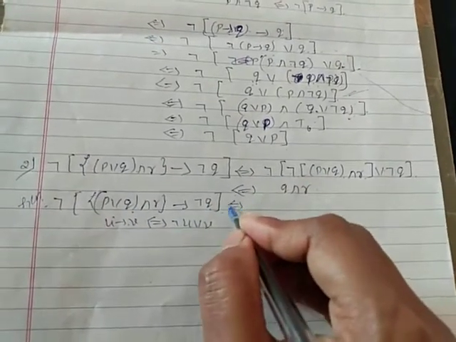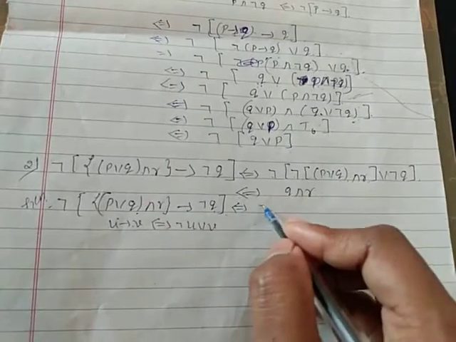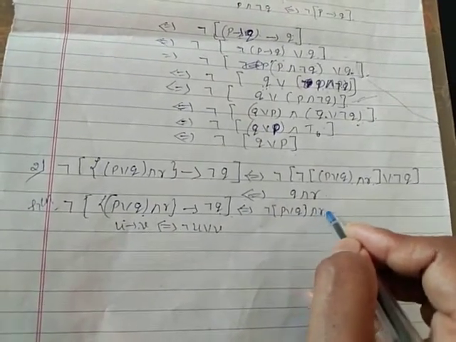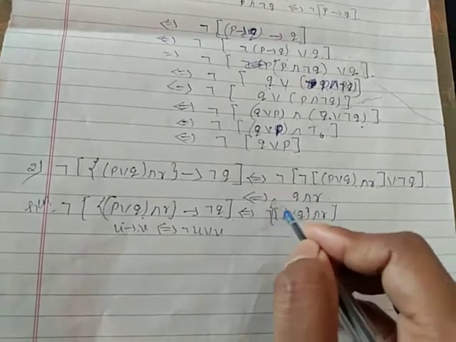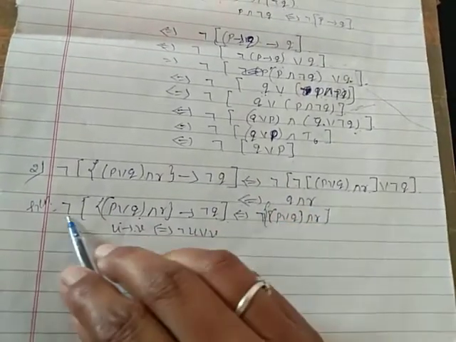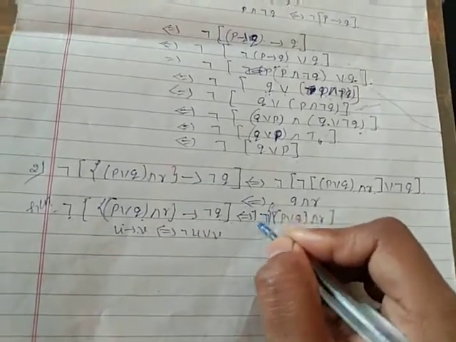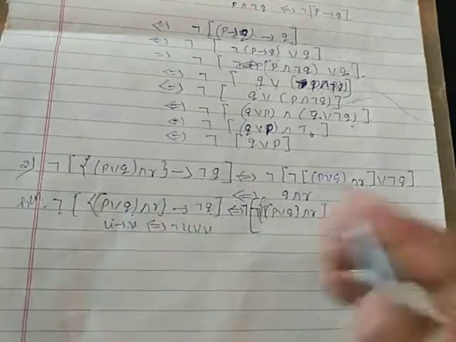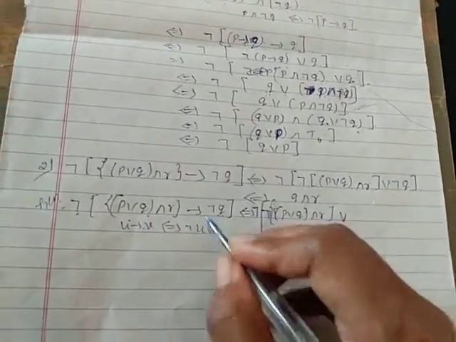So, that can be written as negation of (negation of ((P or Q) and R)) or negation of Q. Already outside there is a negation, that is also kept as it is.